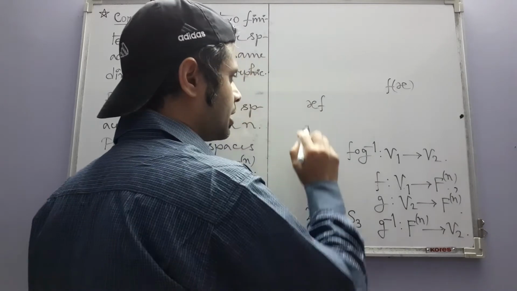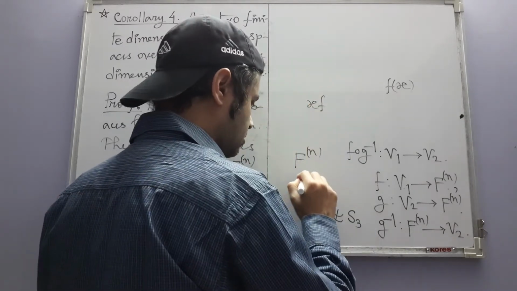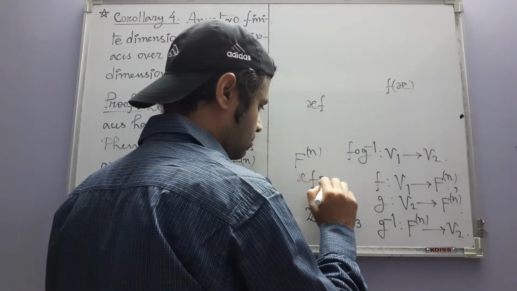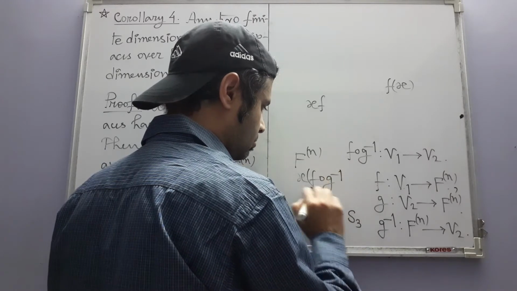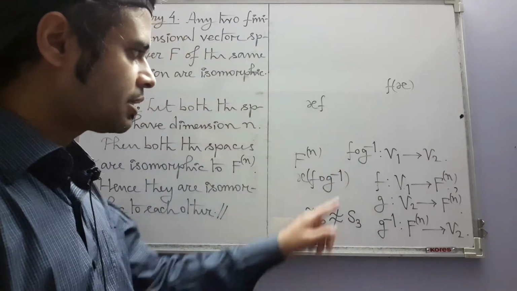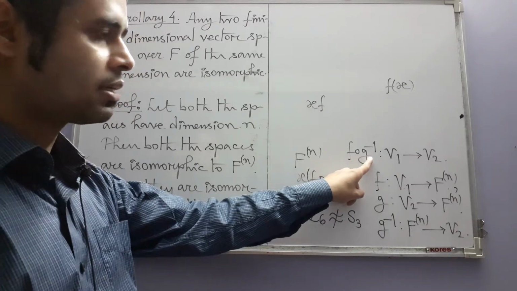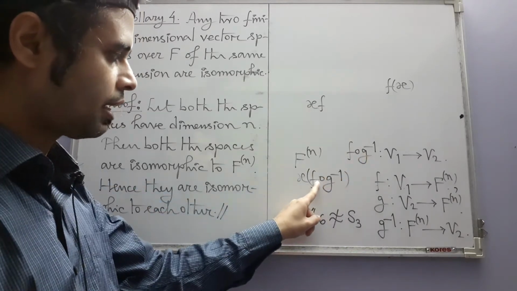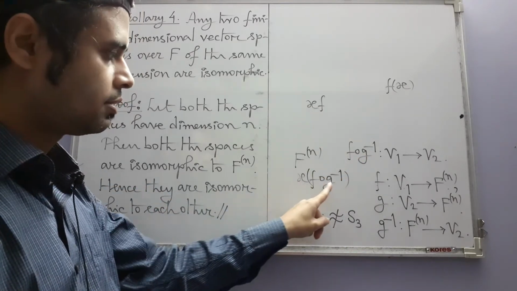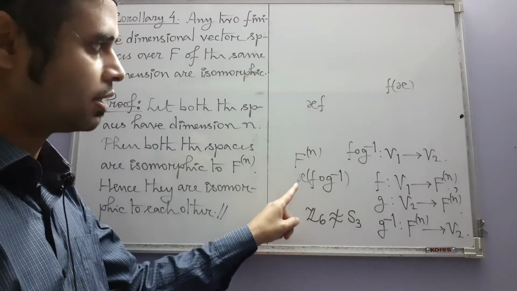But because our input comes first, it makes sense to write f first and then G inverse, because you are applying f first to x and then to that you are applying G inverse.